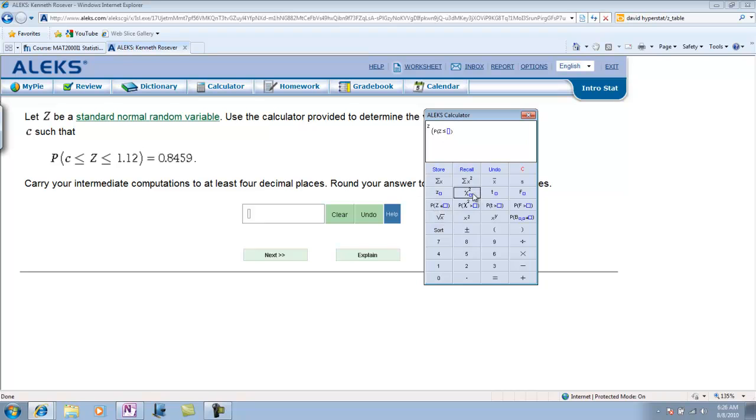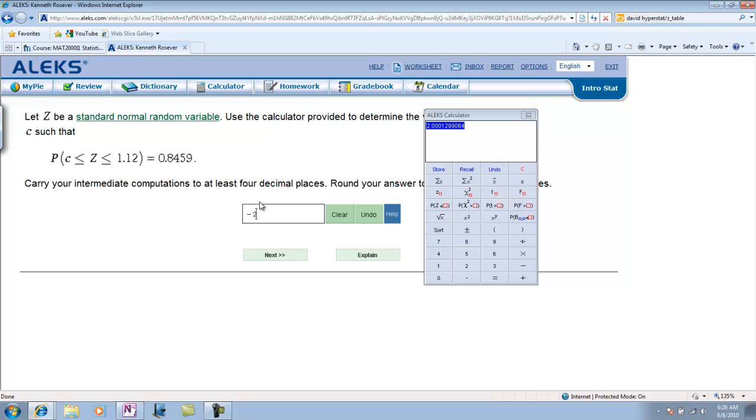I'm going to do P of Z less than 1.12. And then I'm going to minus from that 0.8459, and then close that parenthesis and hit enter. And it comes out 2.00019. So it comes out 2 pretty much, but I'm going to call it -2, and you'll see why in a moment.